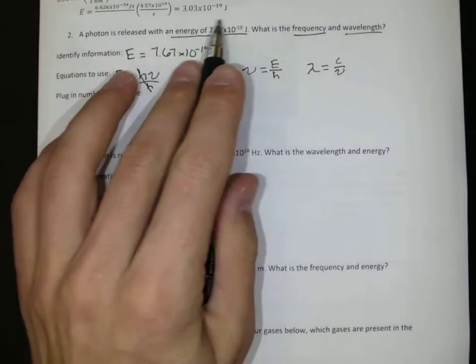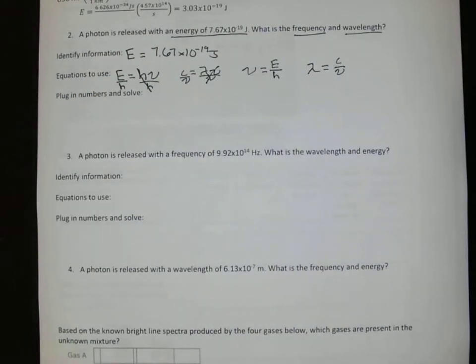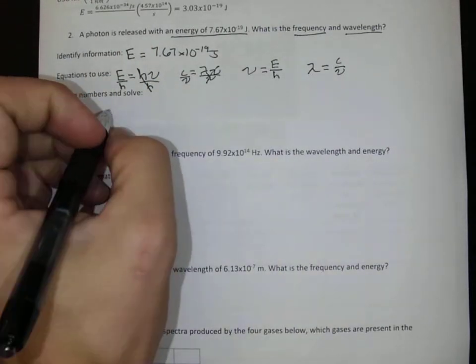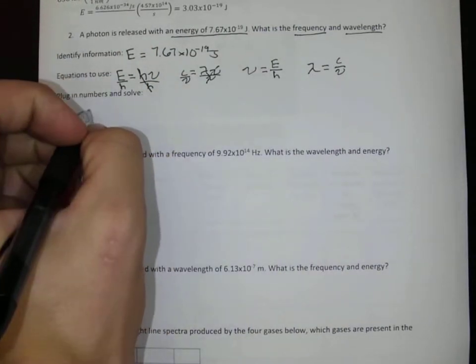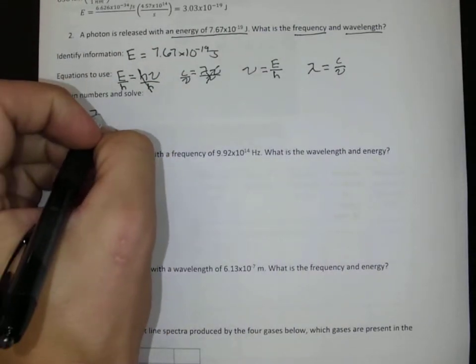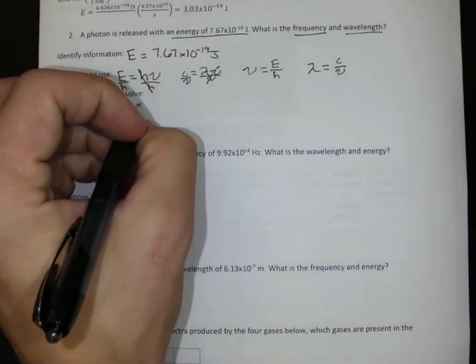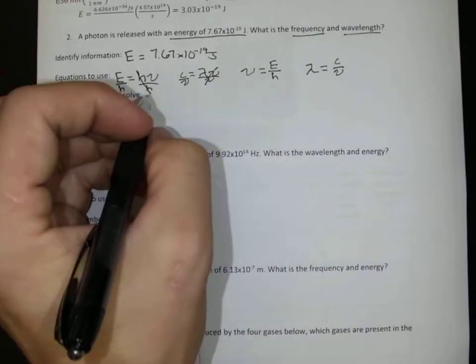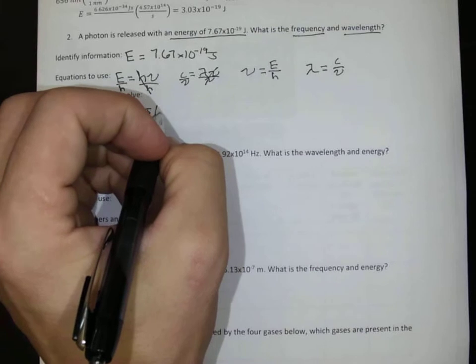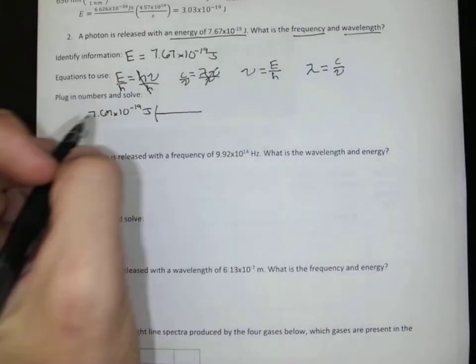I'm going to use this same formatting as I've done up above. We can say, okay, my energy I know is 7.67 times 10 to the minus 19th joules. And then I am going to divide it by h.